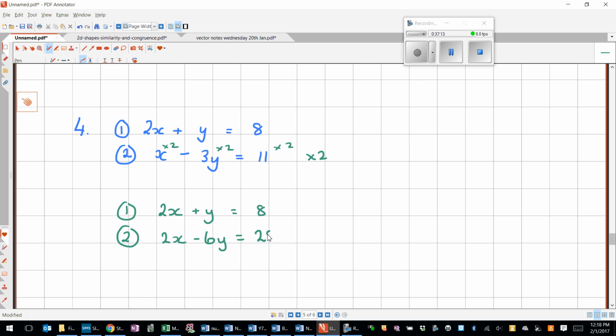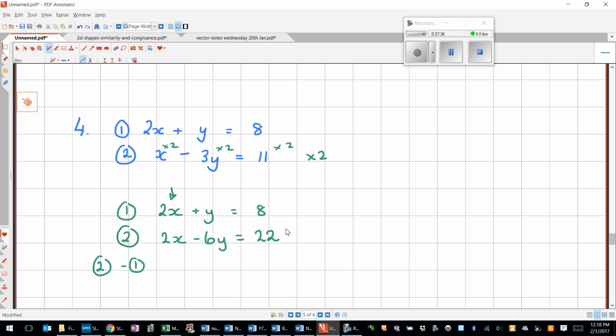Now, that's one option. That's lining up my x's, making my x's the same. What would you do, add or subtract now? Subtract. So I'm going to do 2 subtract 1, because of the 22 minus 8.